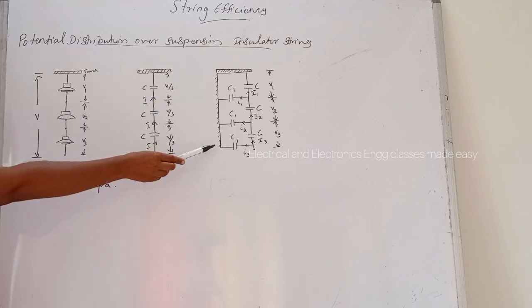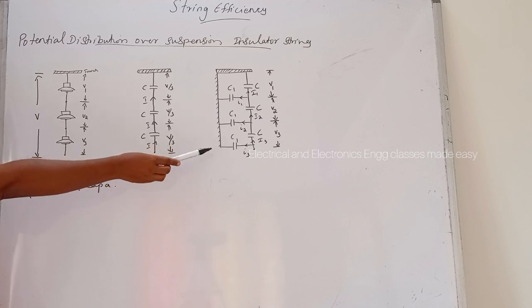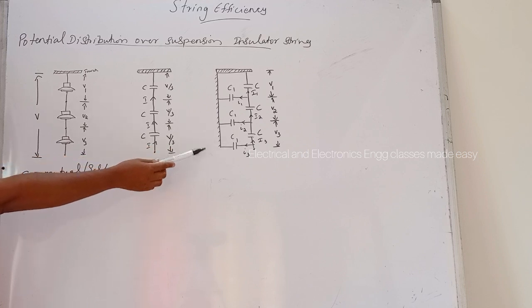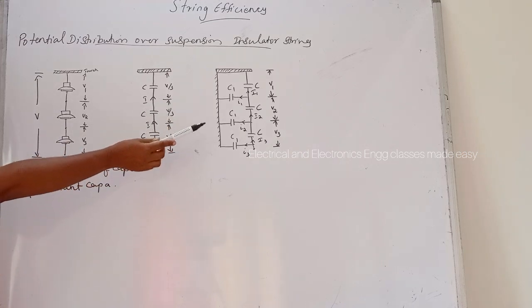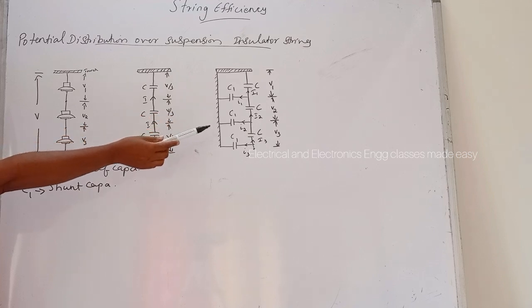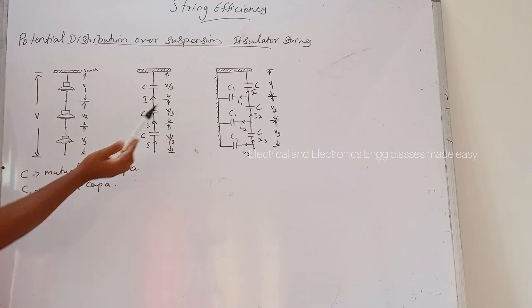Due to the shunt capacitance, the charging current is not the same through all the discs of the string. Therefore, the voltage across each disc will be different. That is, V1, V2, V3 are the voltages across each disc or capacitance.